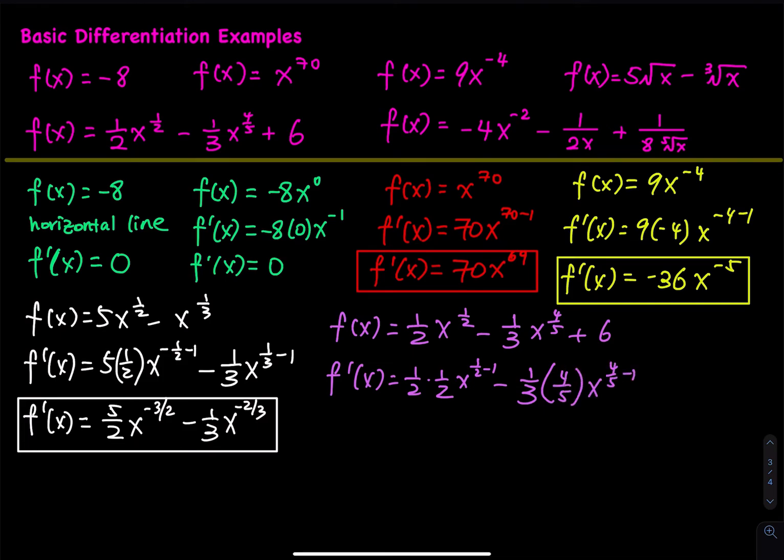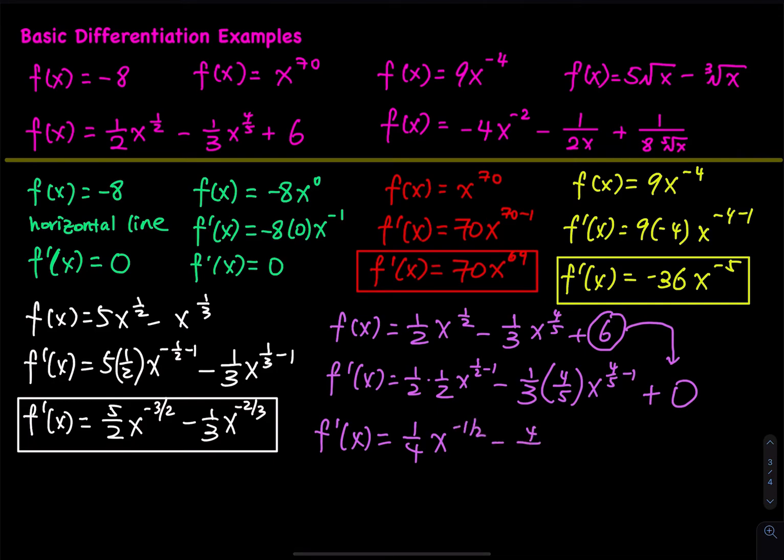And then the derivative of 6 is just equal to 0, because 6 is a constant value. y equals 6, one horizontal line, the slope is equal to 0. And then f prime of x is equal to 1/4 x to the -1/2 minus 4/15 x to the -1/5. And that's it.